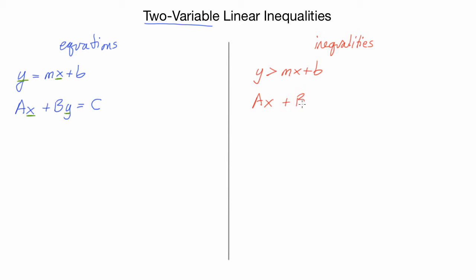I could have ax plus by is less than or equal to c. I can use any of the four inequalities: greater than, less than, greater than or equal to, less than or equal to. And that's what we're going to be getting into throughout this whole unit: dealing with two variables, x and y, but looking at how they relate in terms of an inequality relationship.